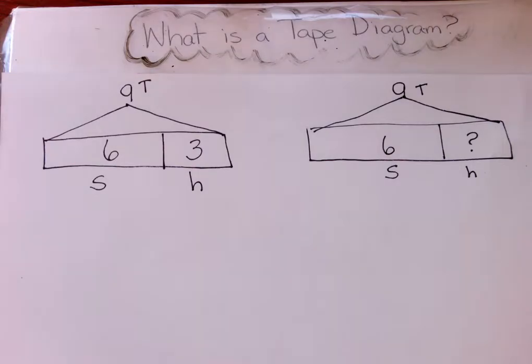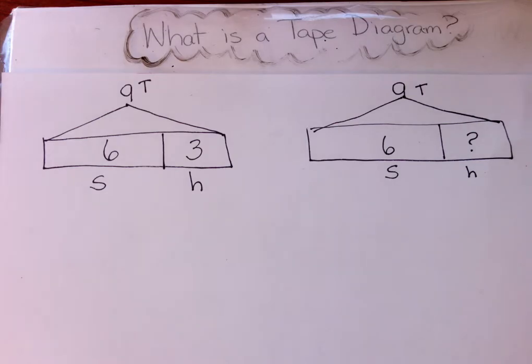Tape diagrams are models or representations of word problems so that we can see all of the information in a word problem visually and see the relationships between those pieces of information.